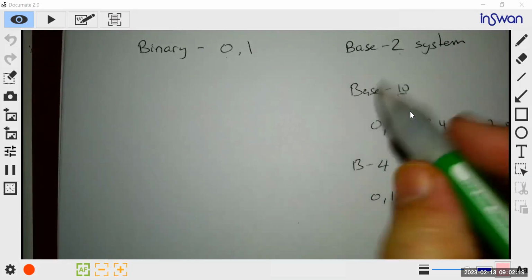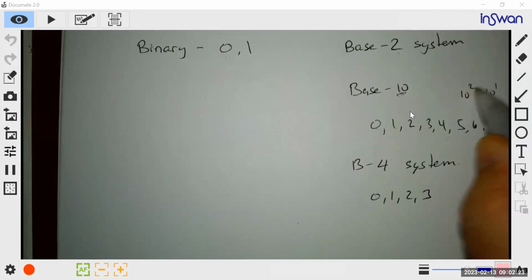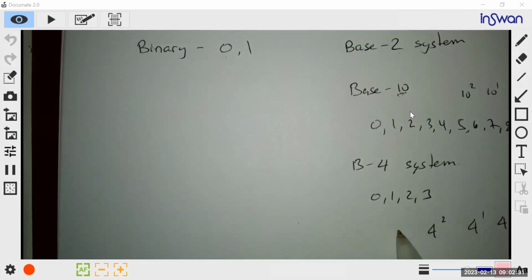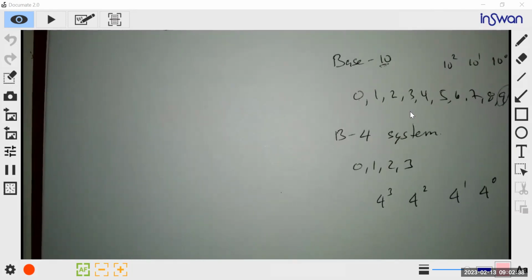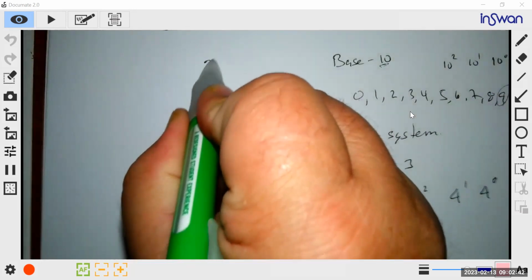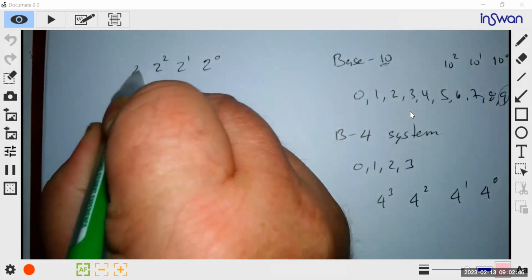We have base 10, we have 10 to the 0, 10 to the first, 10 to the second. So in a base 4 system, we have 4 to the 0, 4 to the first, 4 to the second, 4 to the third, and so on and so forth. So on base 2 system, what do we have? And so it's base 2, so we can keep on going.